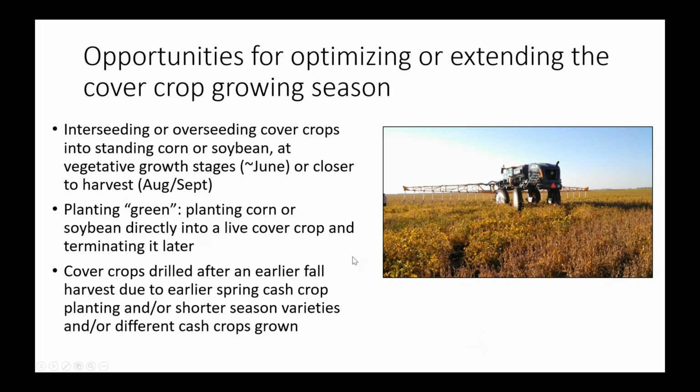People are thinking about and experimenting with that. I always get questions about planting green when I give presentations. It seems like more and more people are thinking about this, that they're planting their corn or soybean directly into a live cover crop in the spring, so it's got more time to grow, and then terminating it after. And then, of course, there's what farmers talk about as having a lot of success with too, but maybe less time with the growing season, which is drilling your cover crop directly after harvest in the fall.